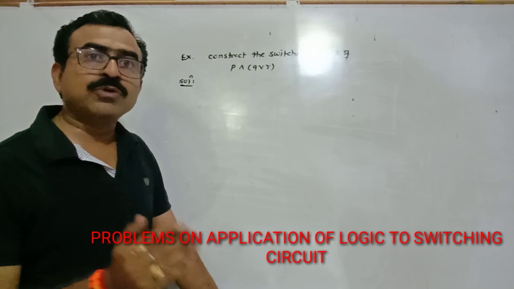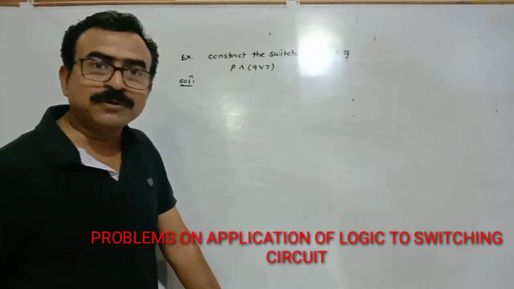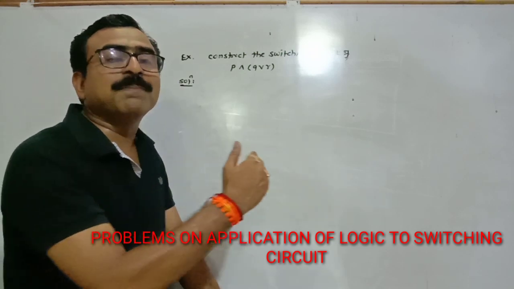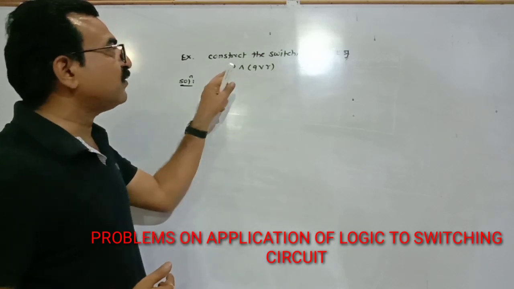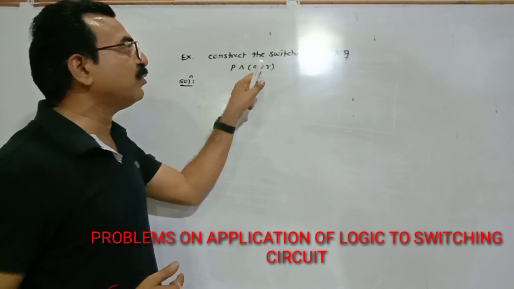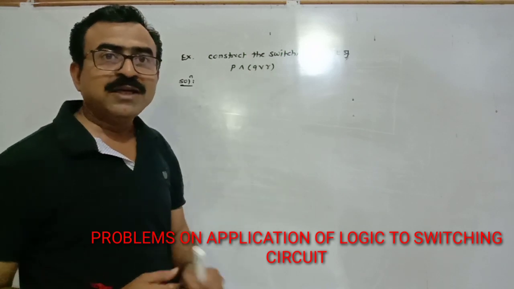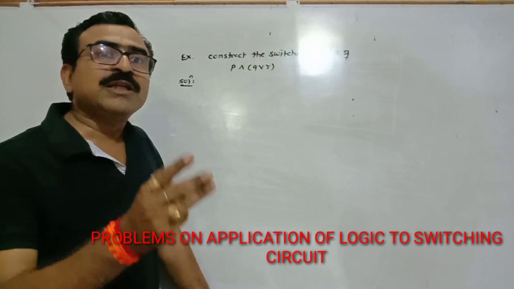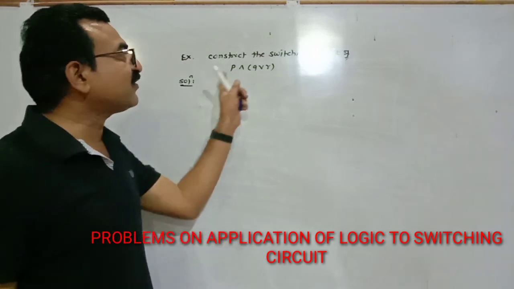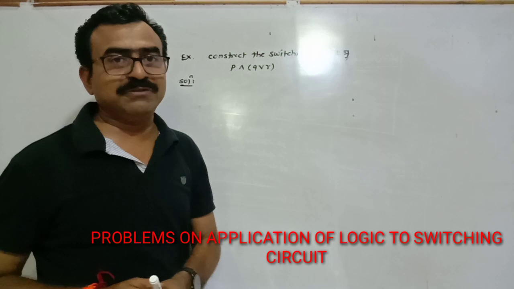For that purpose also, read the statement pattern carefully and count the number of statements. So this statement pattern is read as P conjunction Q disjunction R. In this statement pattern there are three statements. In other words, three switches are given.